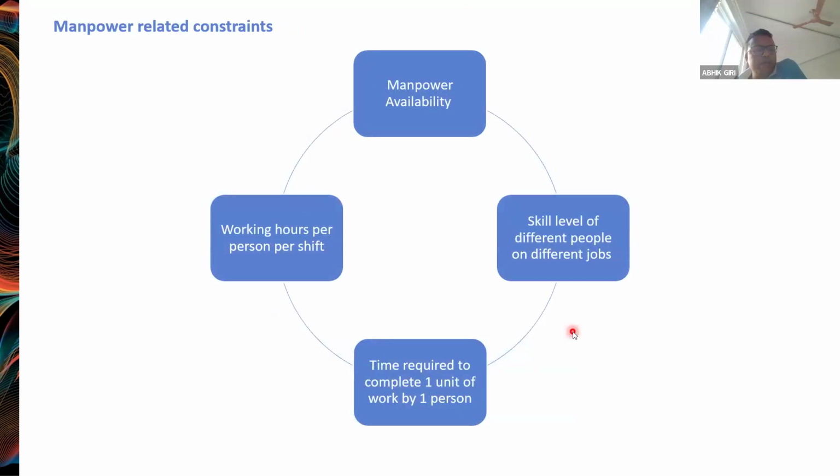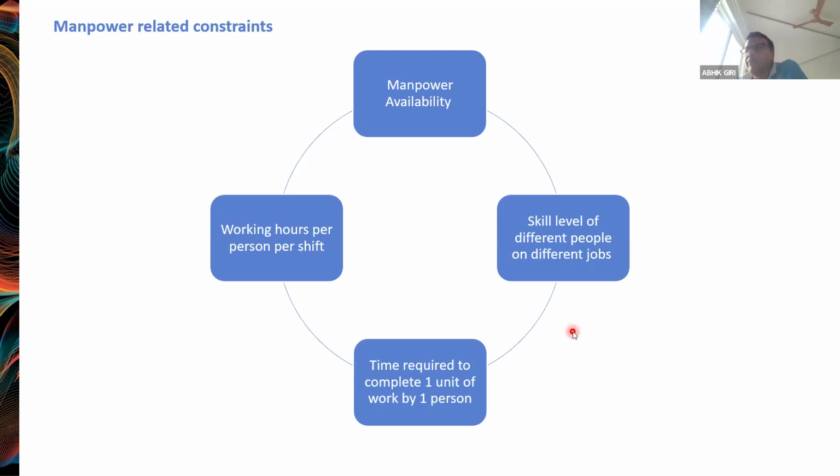Now coming to manpower, there could be some manpower related constraints. Manpower, as in wherever human workforce is required. One is manpower availability, so how many people are available. Then working hours per person per shift. Typically, factories have two shifts, and some factories have three shifts.